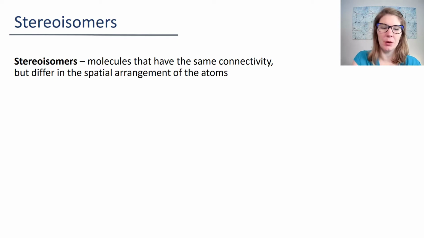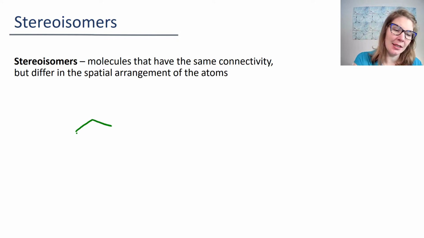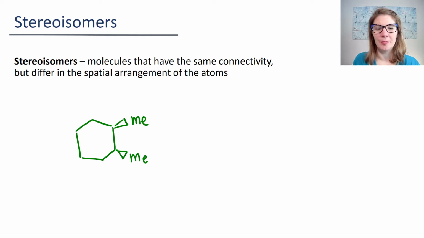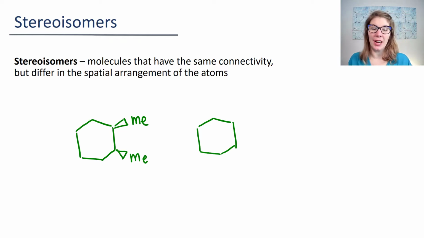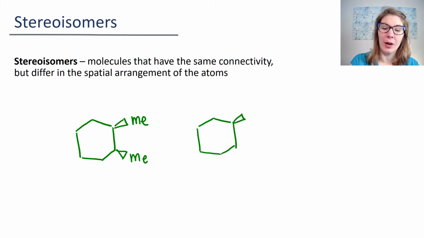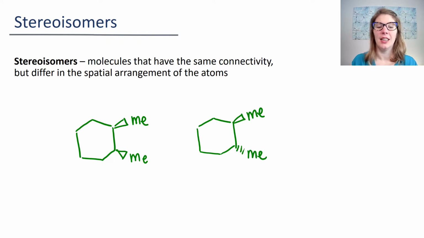So for example, if we look at something like the disubstituted cycloalkanes that we just considered, if this is a methyl and this is a methyl, and then we consider something where the methyl is pointing this direction here, but this direction over here, these would be stereoisomers, right?